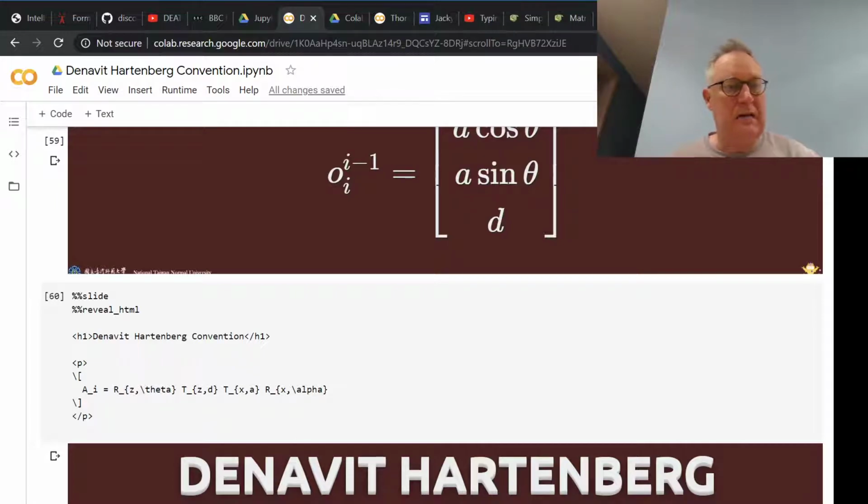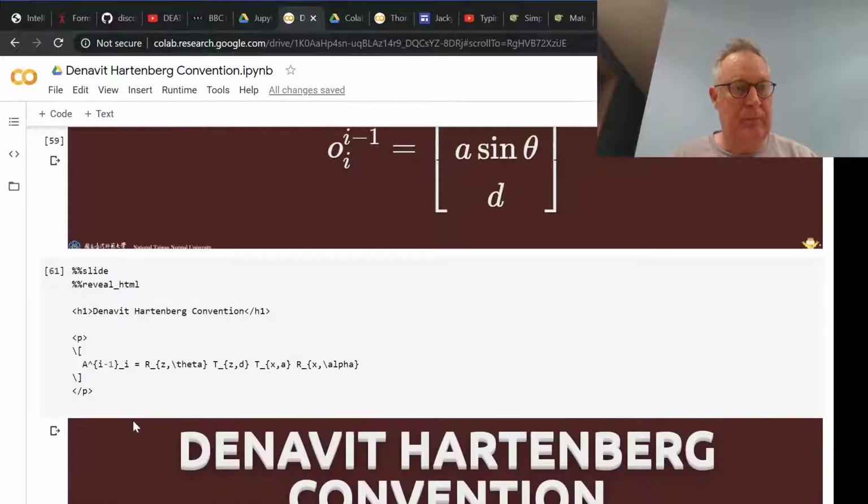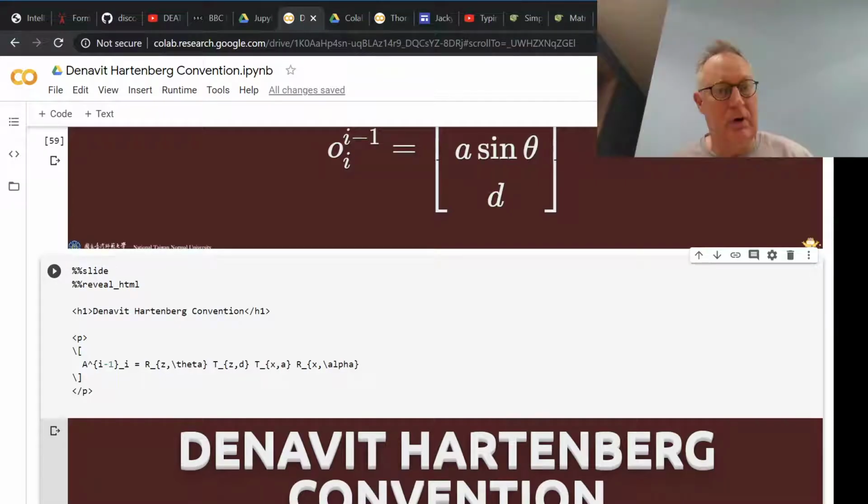So to get from the previous coordinate system to the current one, rotate along z by theta, translate along z by d, translate along x by a, and then rotate along x by angle alpha. So that's where our four values come from, our four numbers, right?